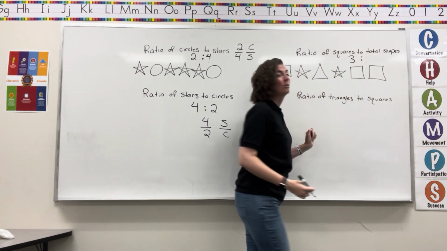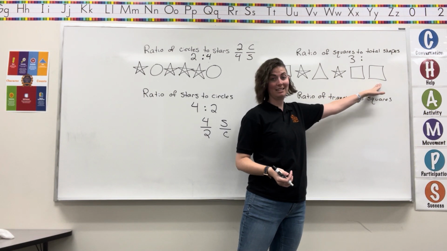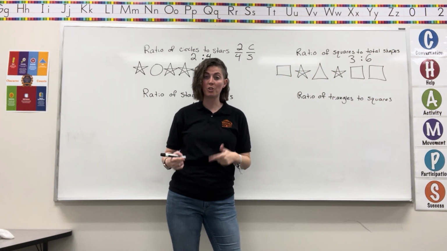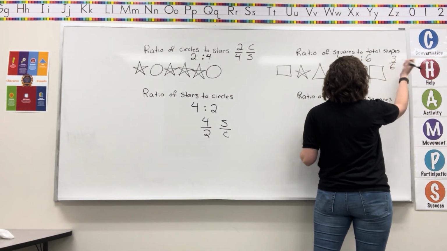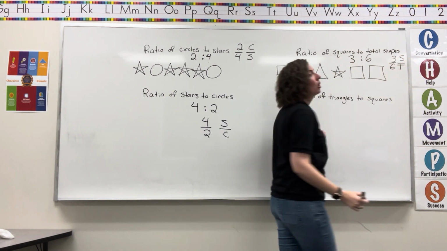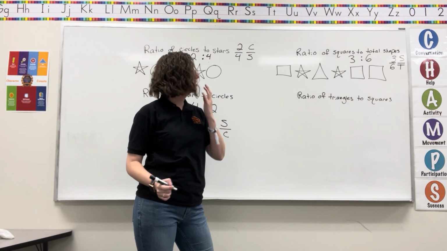And then I'm going to count my total amount of shapes. 1, 2, 3, 4, 5, 6. So it's 3 to 6, or 3 over 6. For squares to total shapes. Squares to total shapes.